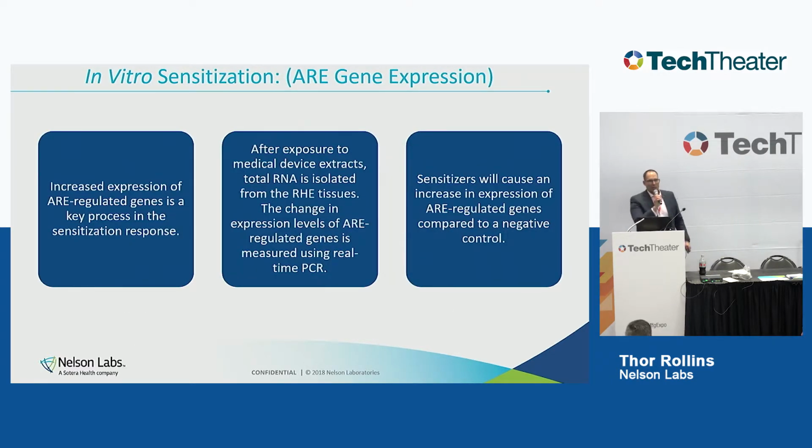The other one that is a lot more hopefully predictive, or has a better chance of being used, is actually gene expression, okay? So remember, if a sensitizer reacts, it reacts by expressing that reaction in our genes. So we can isolate this RNA from the tissues. We have these tissues, which I'll show you in a minute, and then we can see that gene expression in the tissues if there's been a sensitization reaction using PCR.